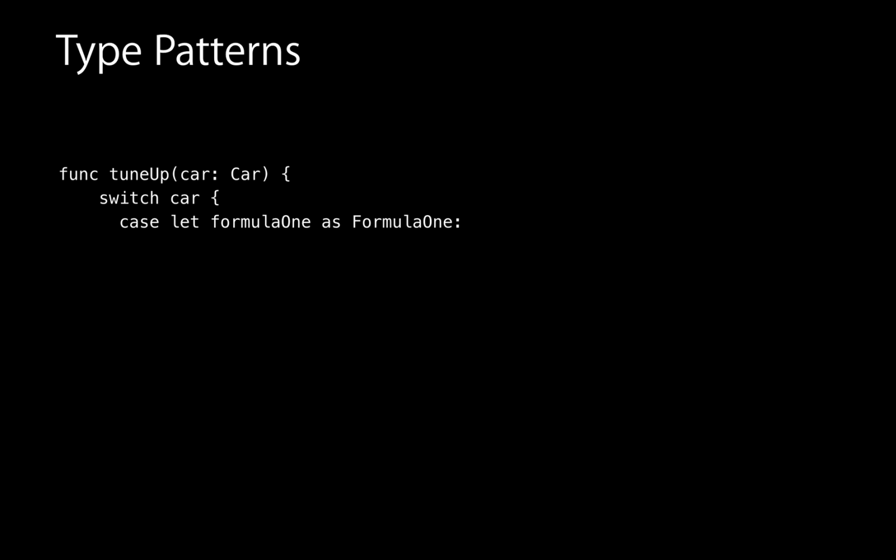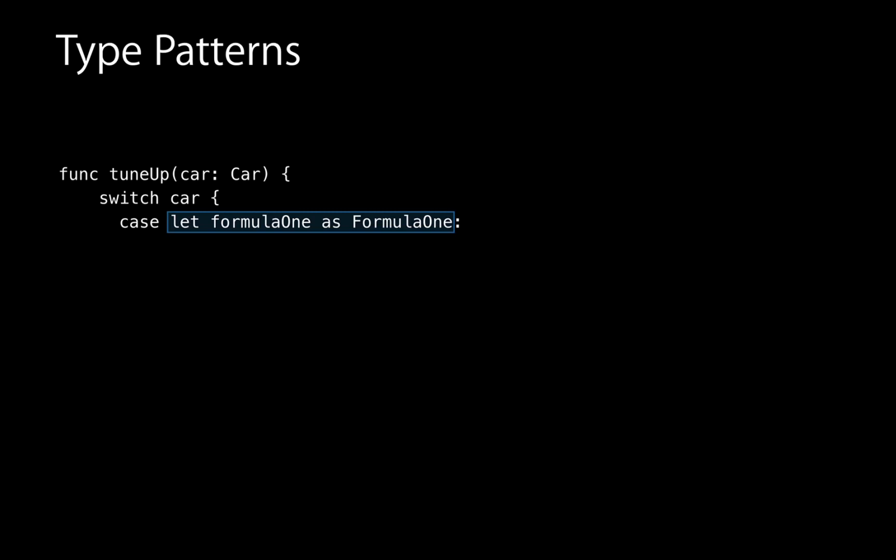Pattern matching doesn't just work with enumerations. It also works with the dynamic types of classes. Let's say we're going to tune up a car, and it's an arbitrary car. If someone brings a Formula One car into our mechanic, he's probably going to be a little confused, and he might want to take it to a specialist. We can do this using the as pattern.